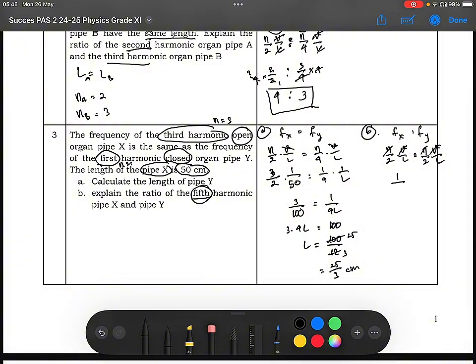Okay, 1 over 2 times 50 centimeter. Oh sorry, it's the 4, 4, okay, 3. And then we can change it: 4 cross 3 over 25, 1, 3 over 100. Yeah, 1, sorry, 3. This is the ratio. Okay, correct.